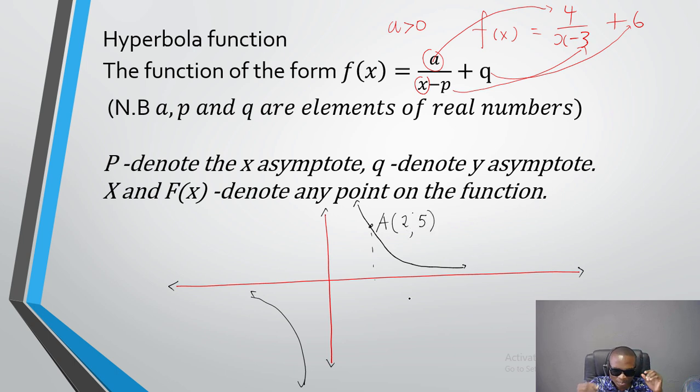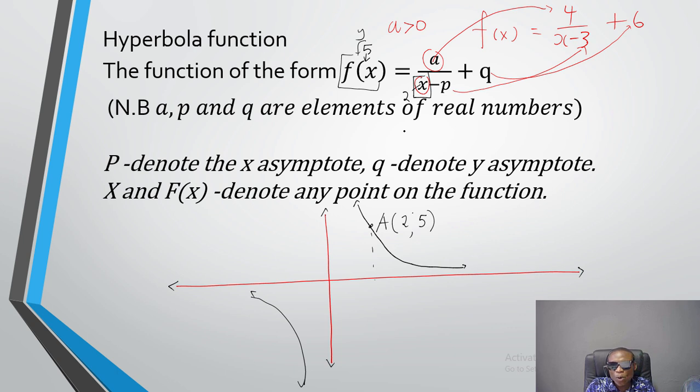So what we are saying is that this x and this y in the equation f of x equals a over x minus p plus q can be substituted. Remember, this f of x actually represents y. So this x and this y can be substituted by any point on the graph. You have a right to say, my f of x is 5, so you substitute y with 5 and x with 2.